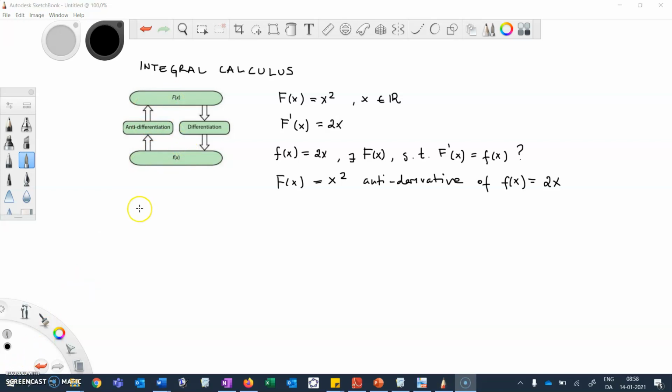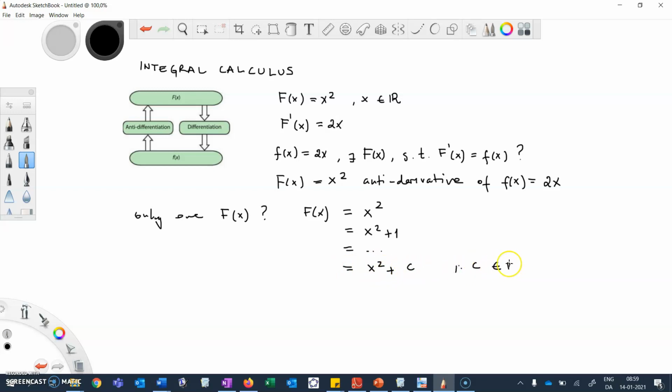Now let's ask ourselves, is this the only one that we can find for the capital F of x? Well, the answer is no. In fact, I could choose F of x equal to x squared, or x squared plus 1, or any x squared plus a constant c, where this constant belongs to the real number line.